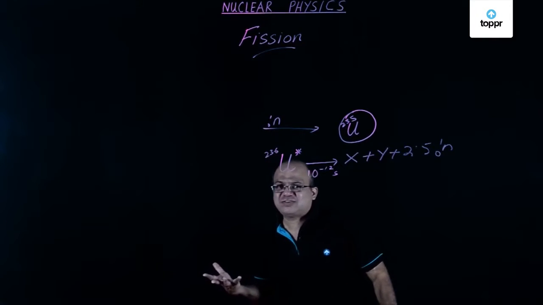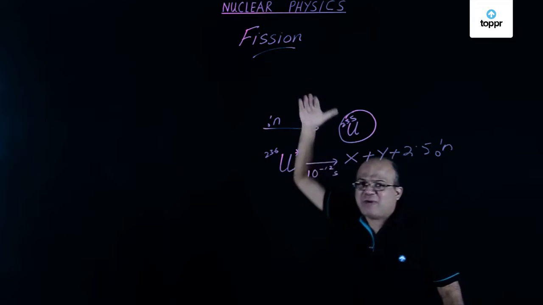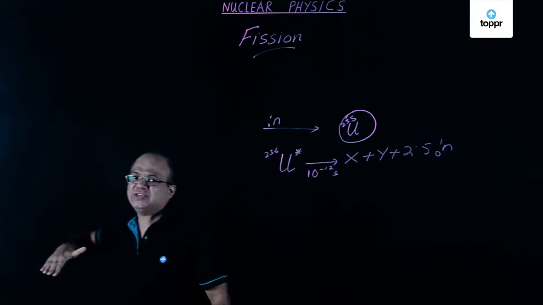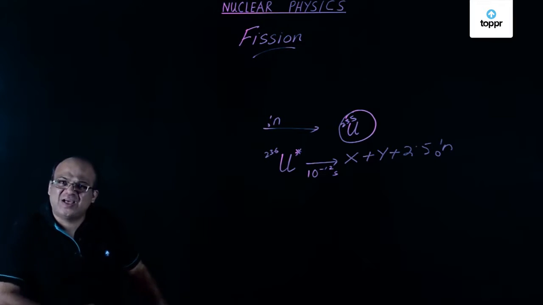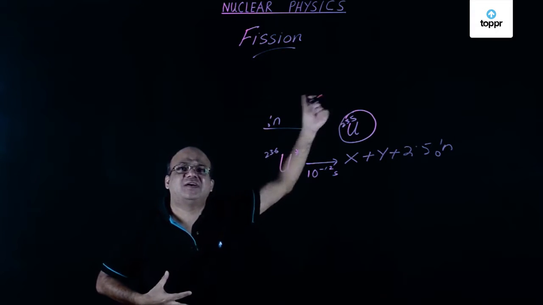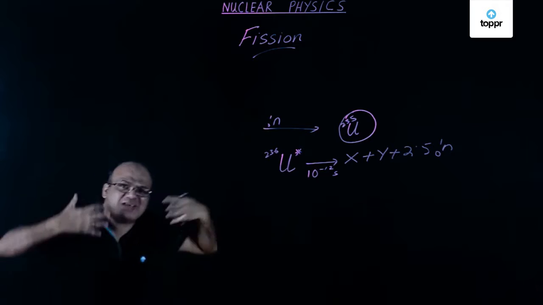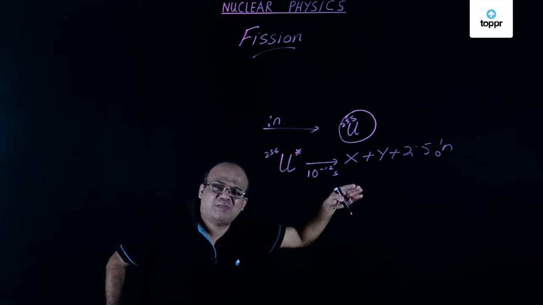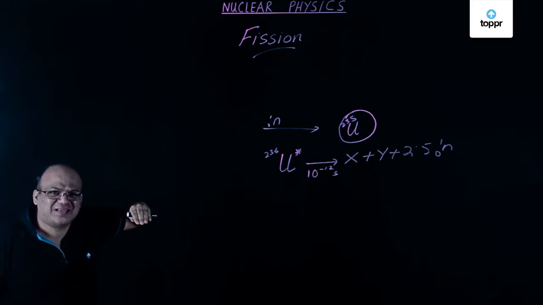Very, very fast. If you remember, an electron jumps from a higher energy level to a lower energy level in 10 to the power minus 8 seconds. When a nucleus emits an alpha particle or a beta particle, it goes to an excited state and jumps back in 10 to the power minus 10 seconds.